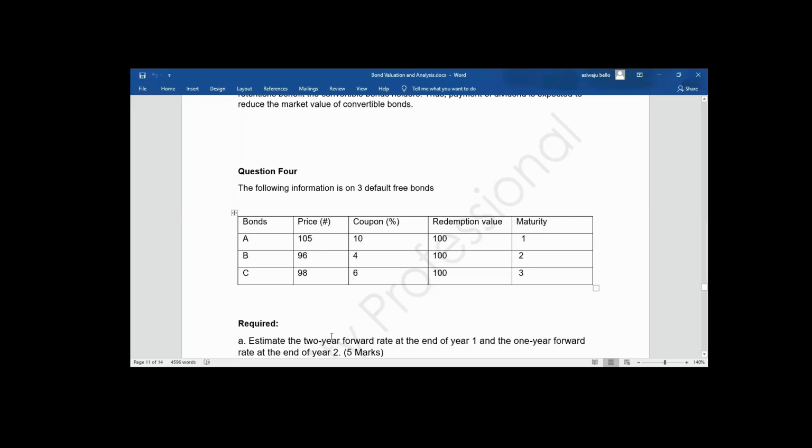Now requirement 1 says, requirement A. Please hold on, where's the... Just blank.